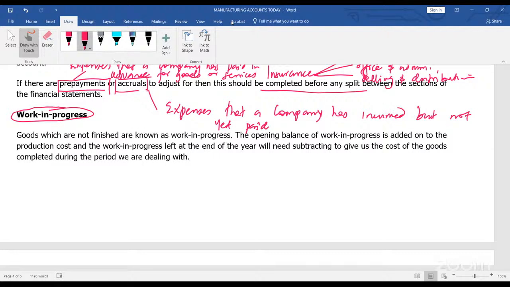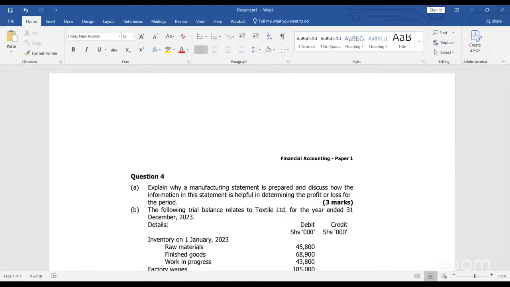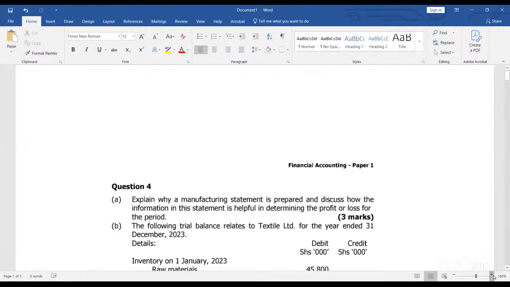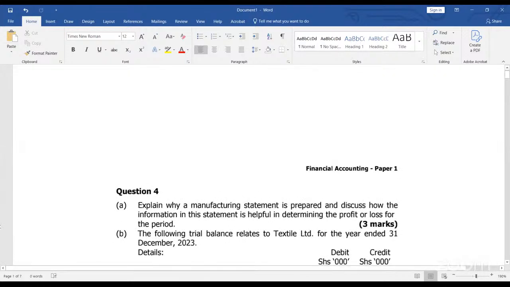I'm going to answer all the questions. So now let us move to the question. I have a question here, which I'm going to use just as a sample to show you how to prepare the manufacturing account and then maybe a statement of profit or loss.